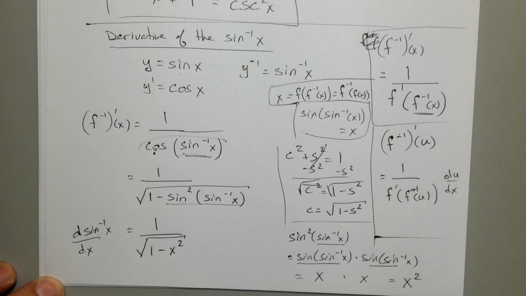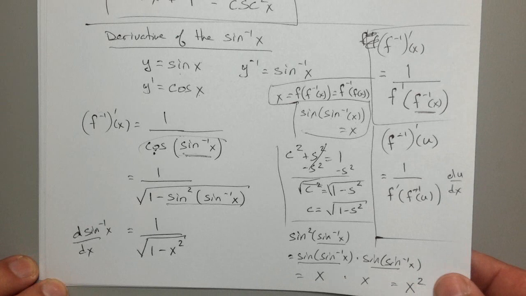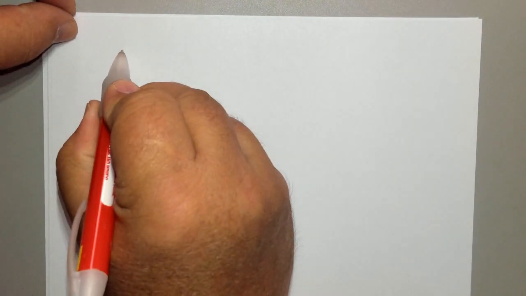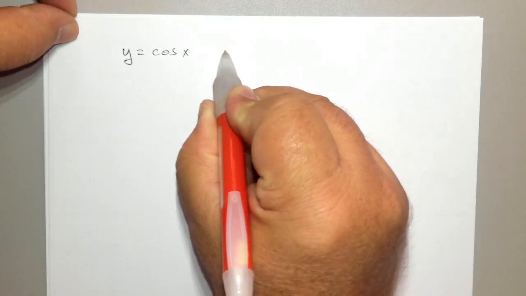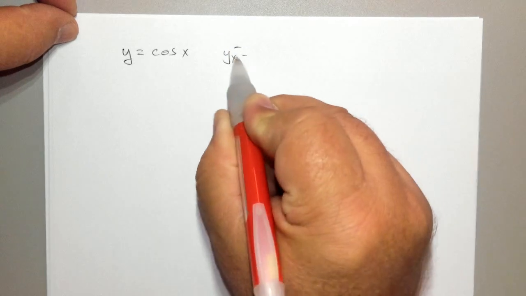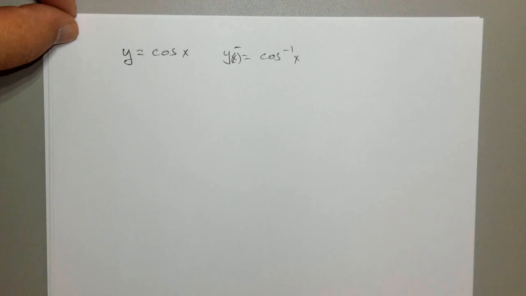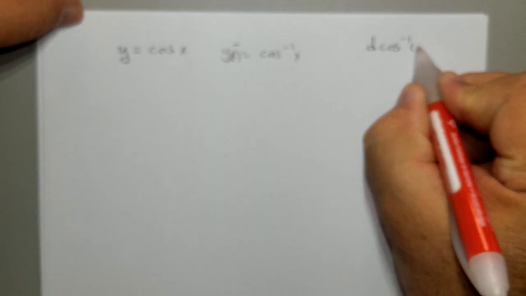Let's do the same to the cosine function. Okay, so we're looking at the cosine function. We're looking for the derivative of the inverse cosine function.